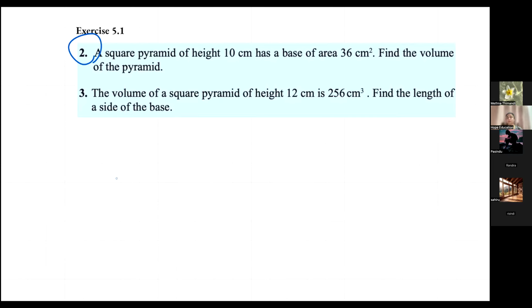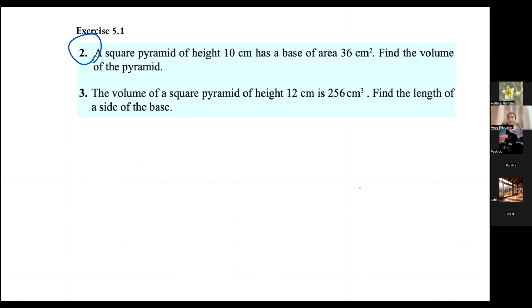If you take volume, it's 1 over 3 a squared h. What is a? What do we take as a? A means the base is a square base, right? The length of a side of the square base.